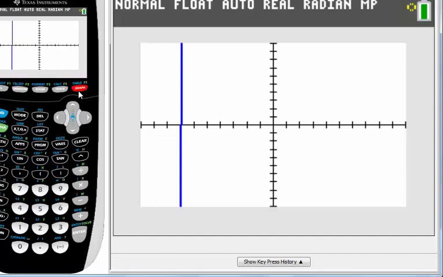So when we graph it, we can see that it crosses in between 0 and 1.